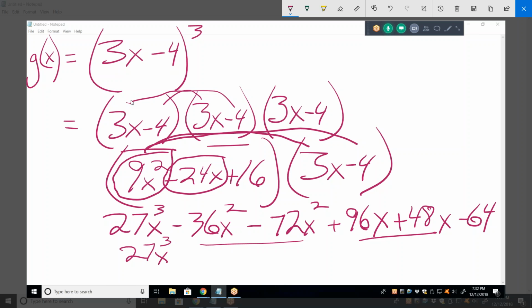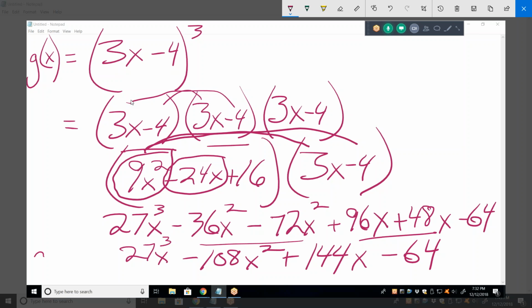So then minus 108x squared plus 144x. Oh yeah, minus 64. And that's in standard format.